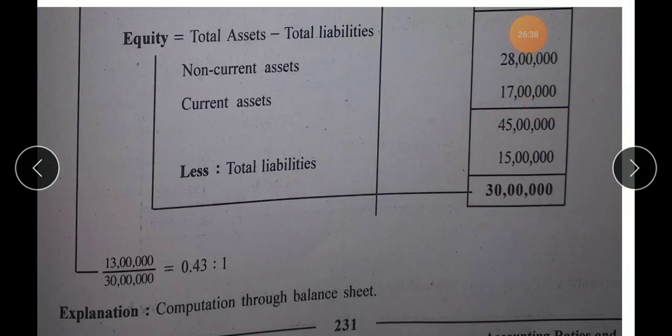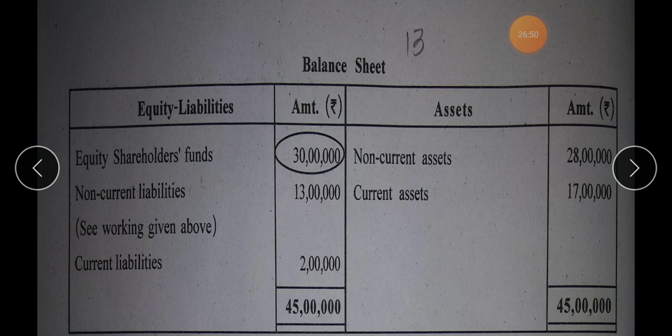What is the total of asset side this way? 45 lakh. And as you know, the total of asset side and liabilities side of the balance sheet is always equal. So 45 lakh is also the total of liabilities side. Yes, we'll deduct the liabilities, 13 lakh and 2 lakh. 13 lakh is long term, 2 lakh is current. Total liabilities 15 lakh.